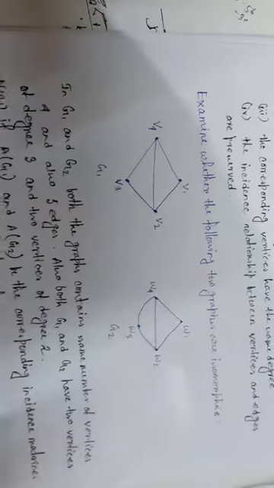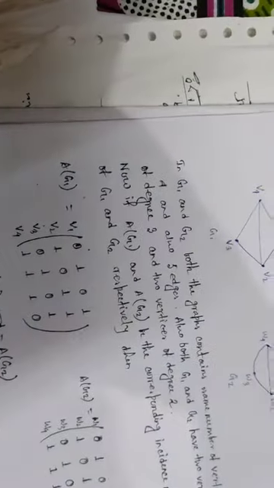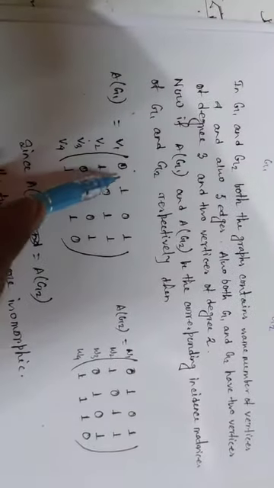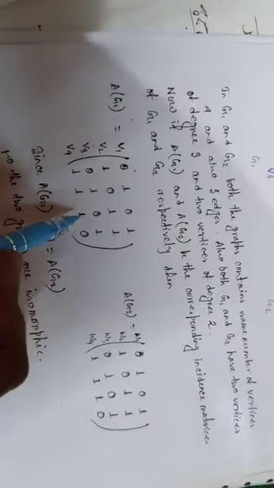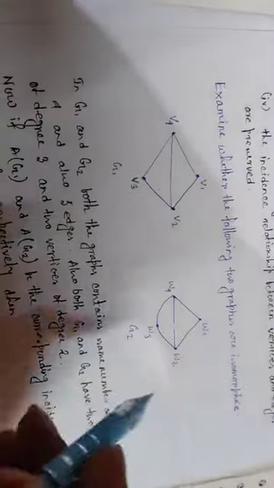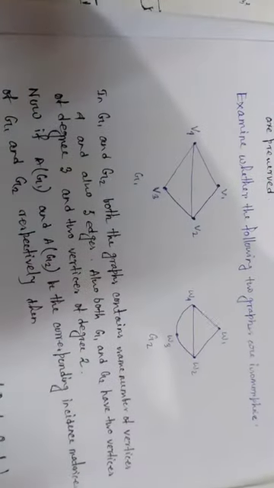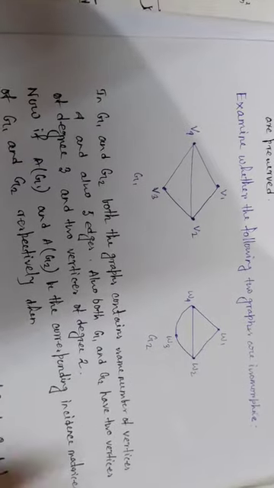So here we construct the adjacency matrix. We know that the adjacency matrix is a matrix which is vertex to vertex, and all the diagonal entries are 0 if there is no self loop. That means the graph is a simple graph, and we can say this graph is simple because there are no self loops or parallel edges.